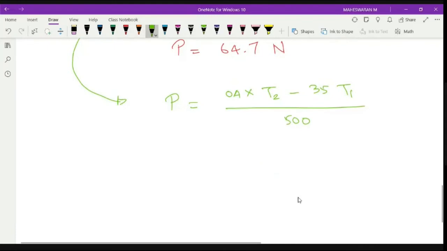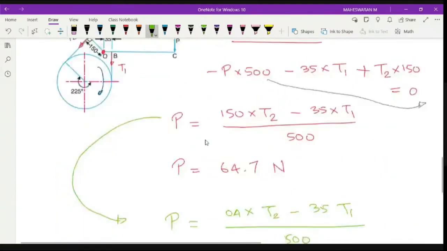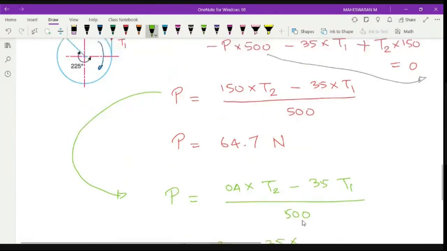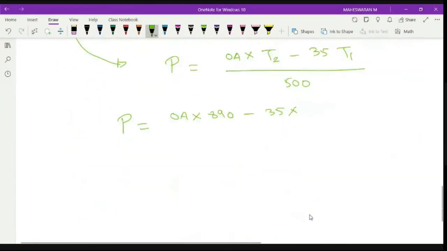I know the values of T2 and T1, so I will substitute those also. OA into T2 value, T2 value is 890, minus 35 into T1 value, which is 2890, divided by 500.